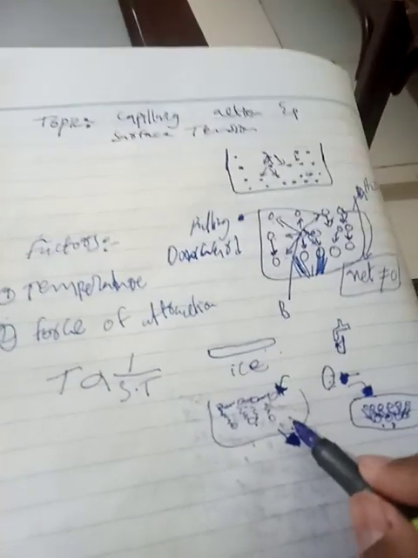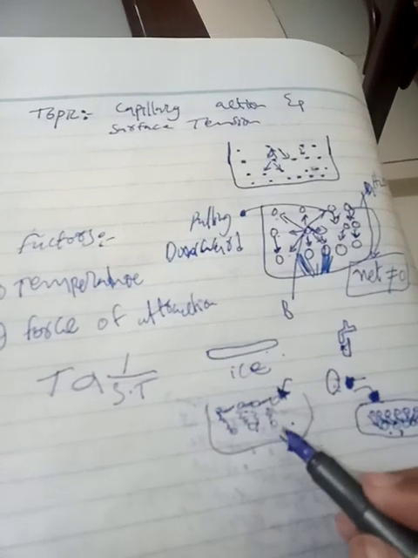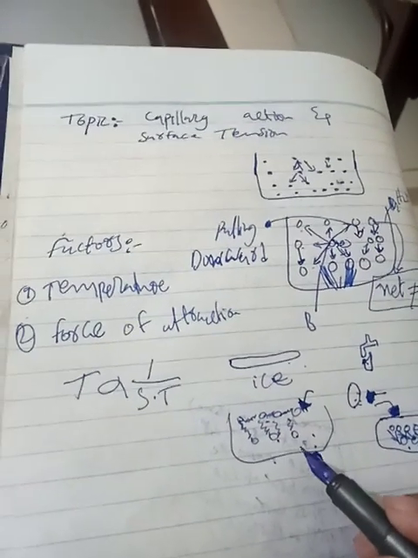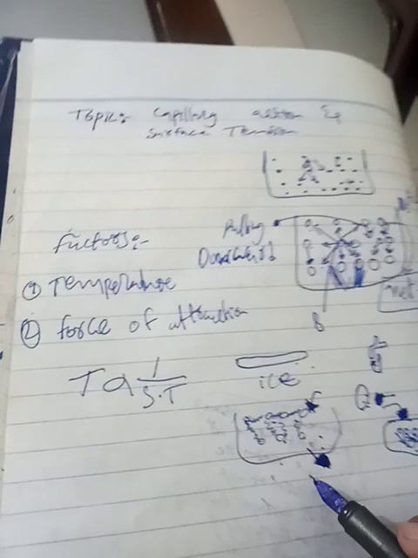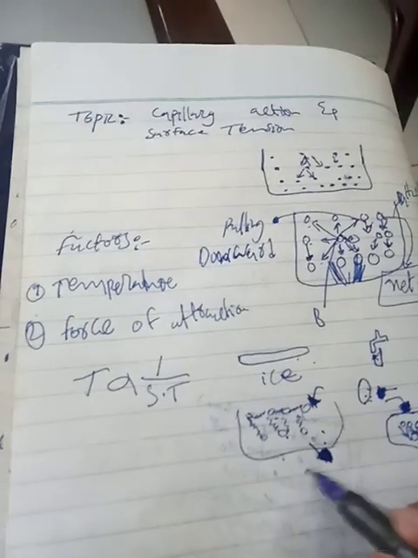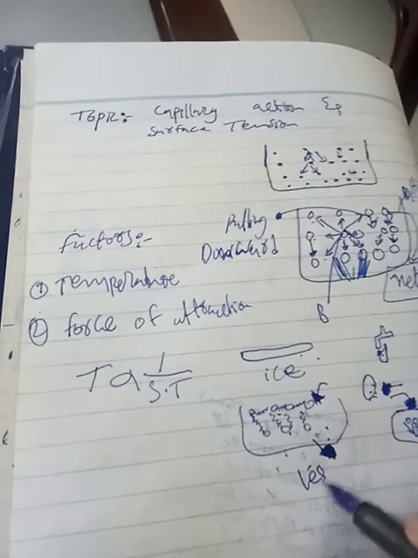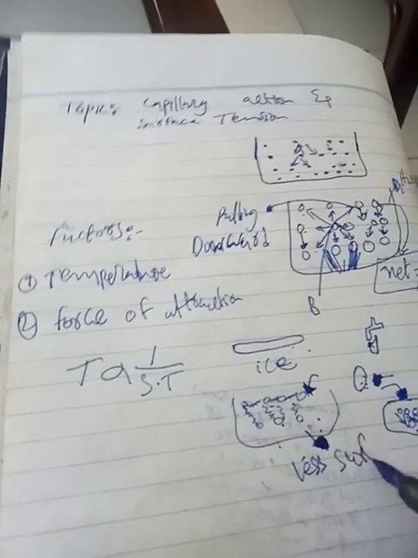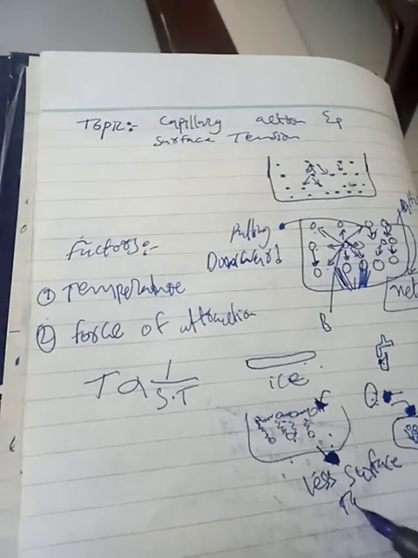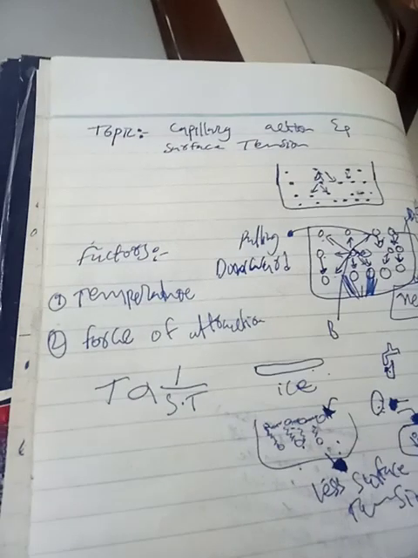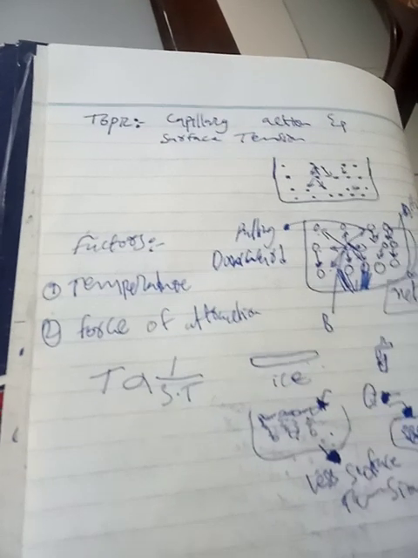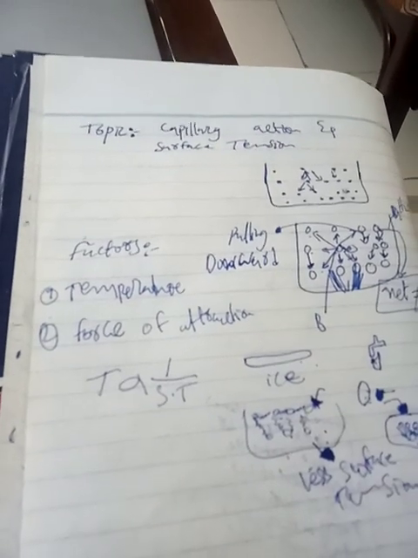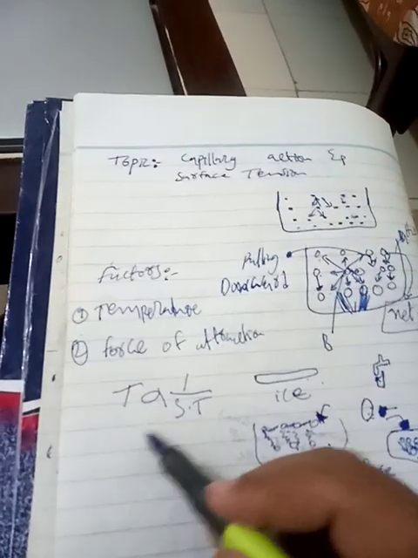Here we have pulling downward of particles, but because of kinetic energy it is imbalancing both things, so that is why we have less surface tension here, and in ice we have greater surface tension.